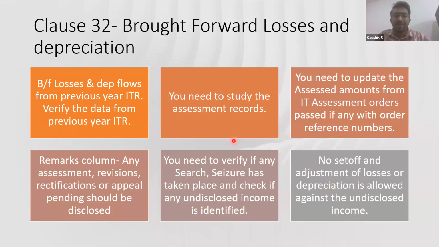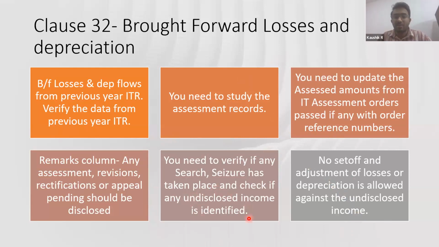So what is your task? Your task is to see whether any assessment orders or anything is passed in the previous year. That is the first aspect. While doing that verification, you'll also verify if there is any search or seizure done during the previous year. If there is any search or seizure and the client has accepted any undisclosed income, you have to identify it.